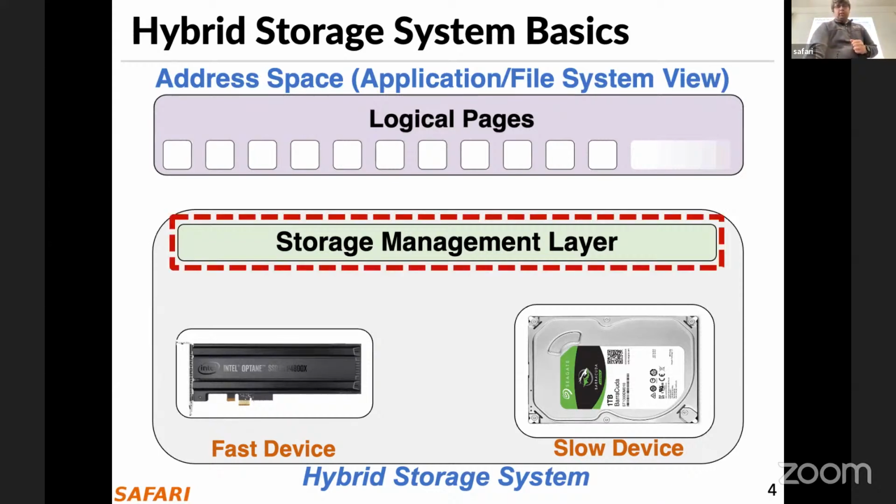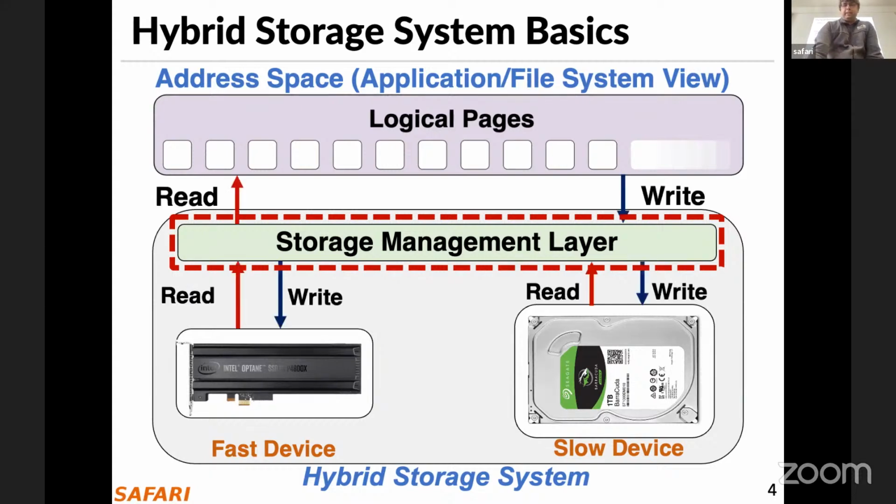The main responsibility of this storage management layer is to take the reads and writes that the application sends, and then determine where the data has to be placed and where the data has to be read from. So this has all the brains to decide whether I need to put the data in the fast device for this IO request, or in the slow device. So it determines where the data should go.